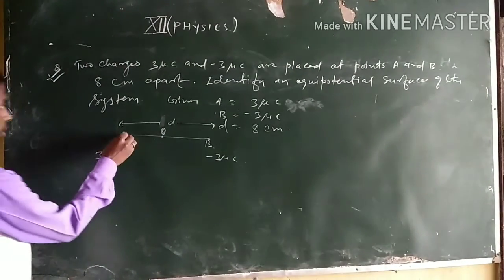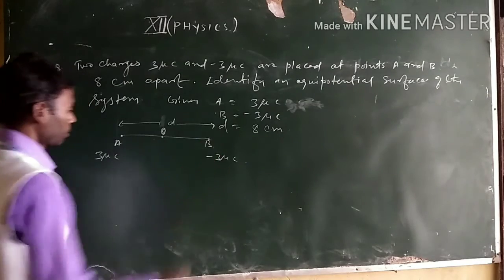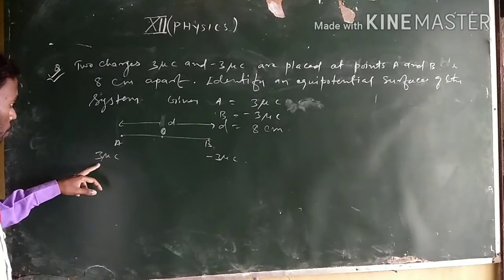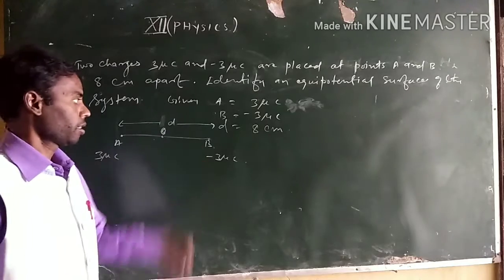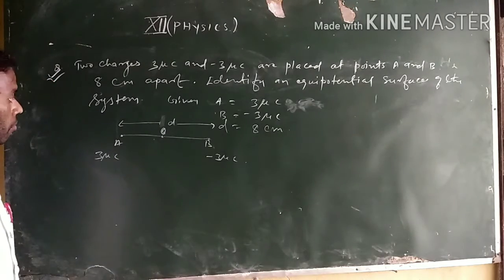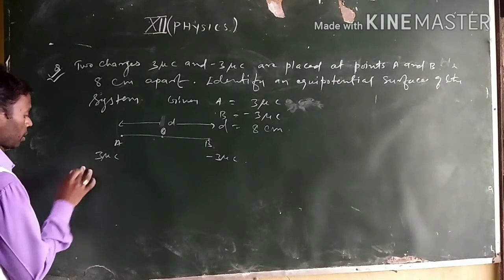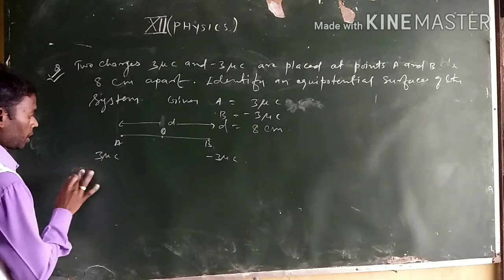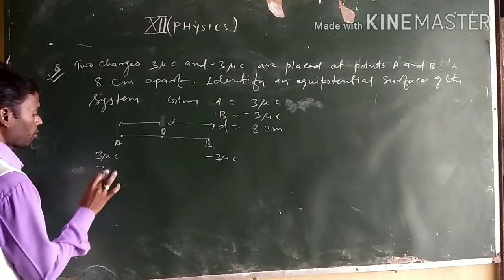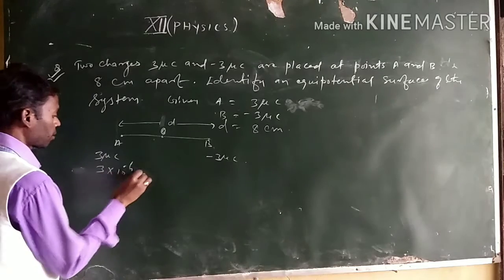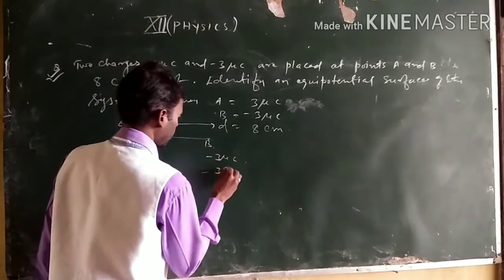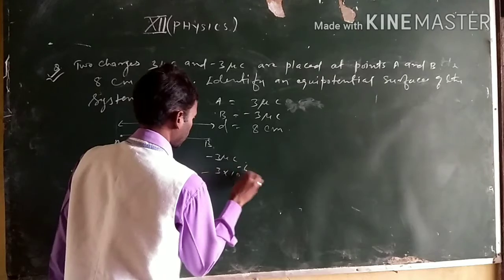We convert 3 microcoulomb into 3 into 10 to the power minus 6 coulomb, and minus 3 into 10 to the power minus 6 coulomb.